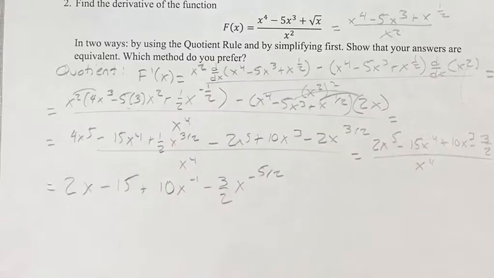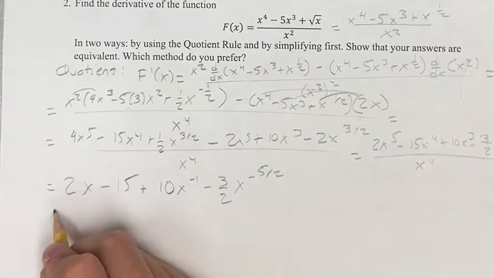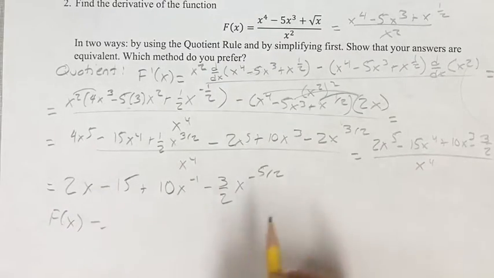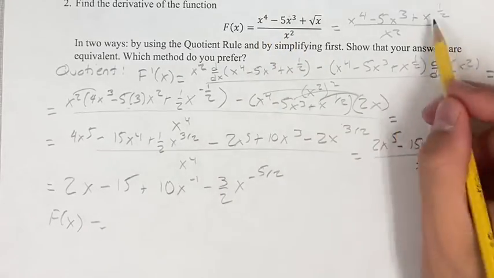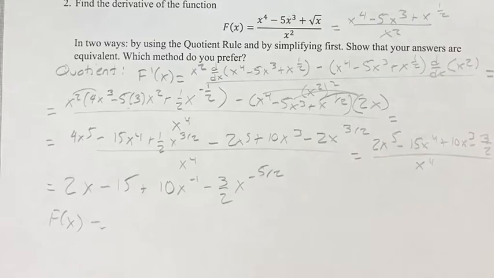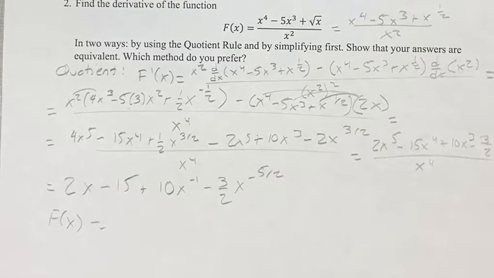Now we want to do it by simplifying. The way we're going to do that is by dividing each of these terms by x squared. This is another reason why we put it into 1/2, because then we can use the quotient rule for exponents.